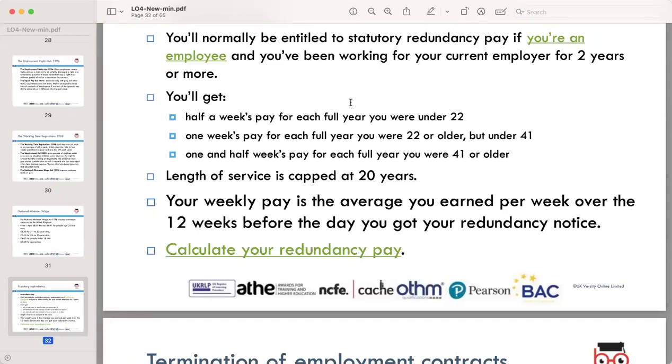I mean, where I work, you can see that some employees are taking voluntary redundancy, and they're being paid 2 years' worth of salary for working more than 2 years within the organization, and it's based on their final salary, not on a weekly salary. It doesn't sit with my understanding.